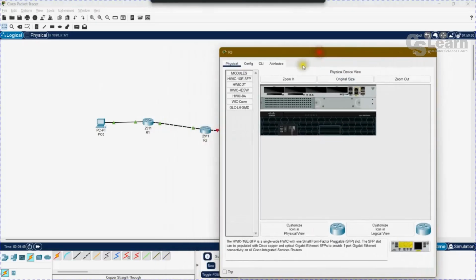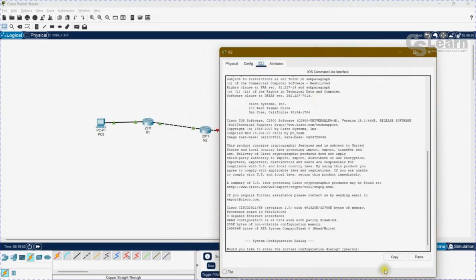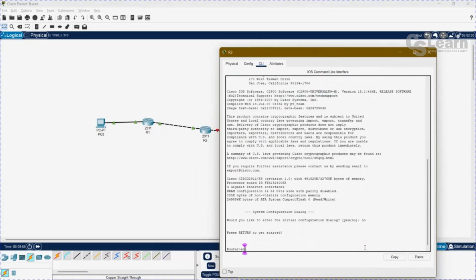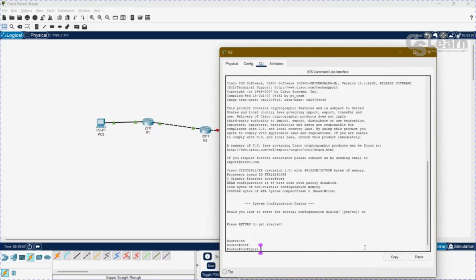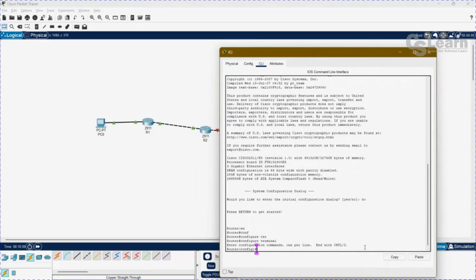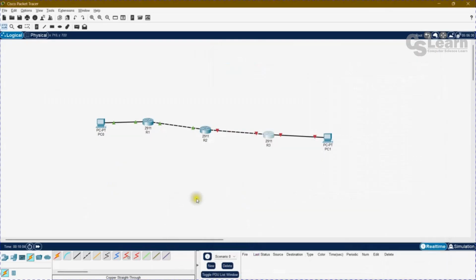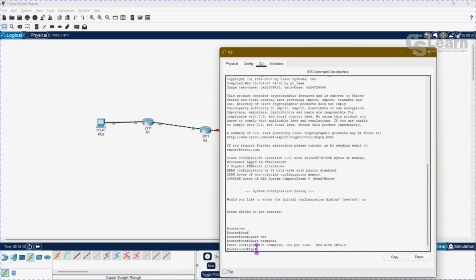Here go to the CLI, enable, configure terminal. So right now go with the first interface. Okay, here the first interface of it. So the first interface gigabit is 0/0.